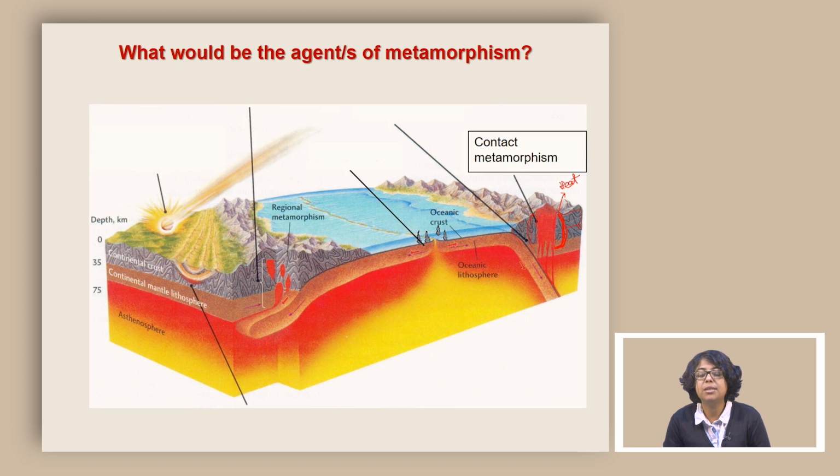And some of these things can create a metamorphic texture which is non-foliated, because there is very low involvement of pressure in this entire system, and therefore, the agent of metamorphism is going to be only heat.